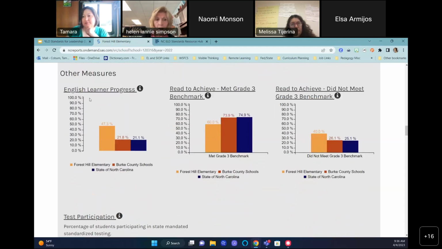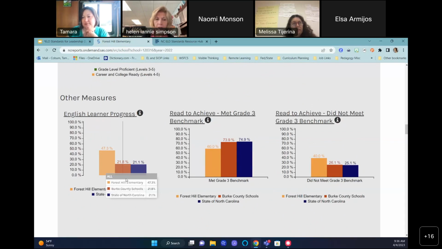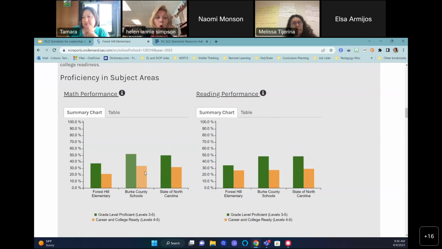This one there. Right? Did you meet your annual target goal or not? And then reading and math is simply, were you proficient? If we're looking at the green bar, were you grade level proficient? Did you make a 3, a 4, or a 5 on your math EOG or your reading EOG?